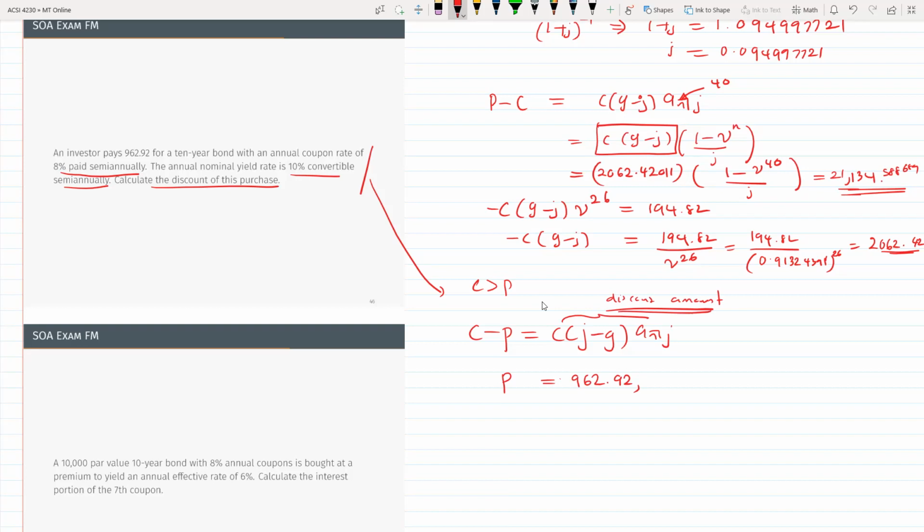And then we need to know this quantity. Okay, so let's see what should be the best approach we can use in this kind of situation.